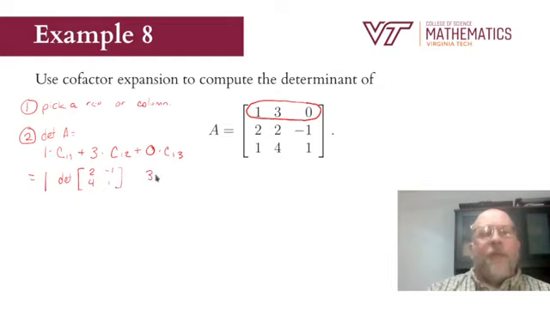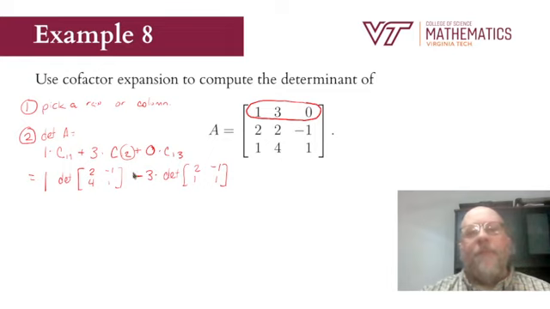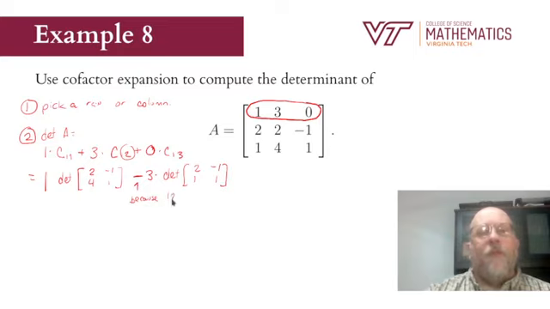And then I have 3 times the cofactor in the 1, 2 position. And if I eliminate row 1 and column 2, that leaves me with 2, -1, 1, 1. But 1, 2 is odd, so we have to change the sign. So I'm going to make this turn negative, because 1, 2 is an odd position.